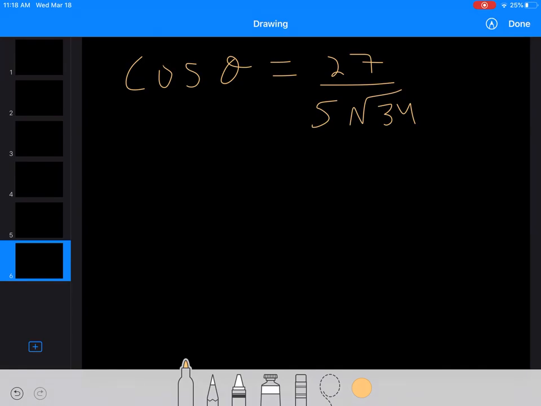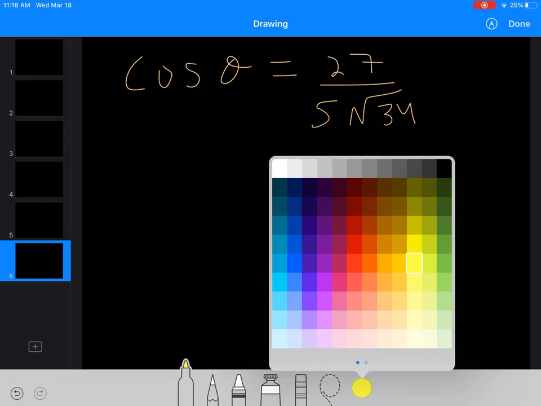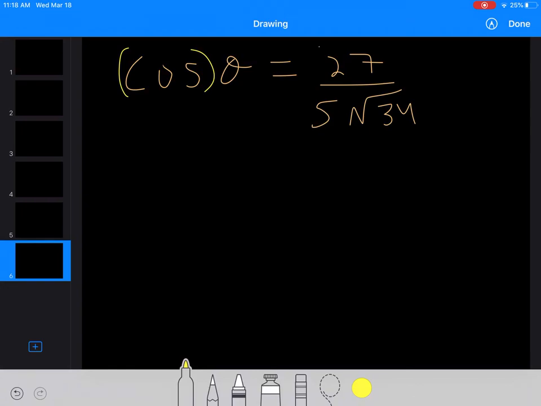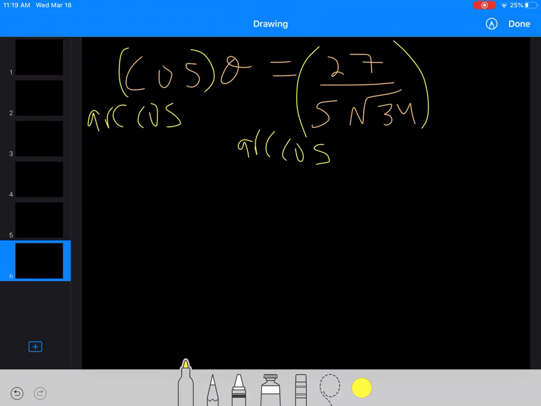So remember, we want to get an angle, so we've got to do the arc cosine of both sides to get rid of that cosine.